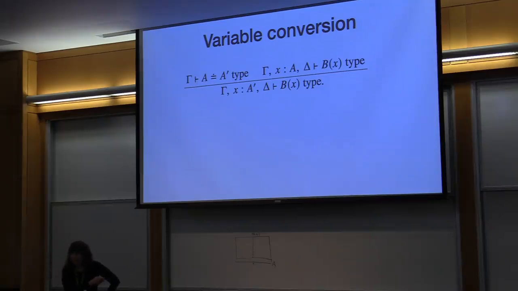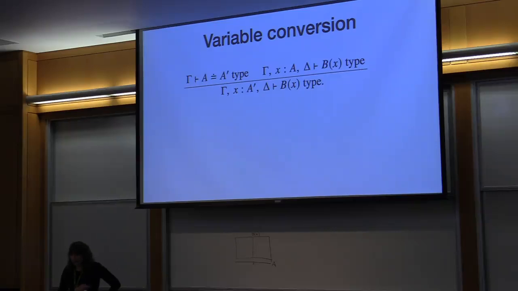So I can basically, if you will, rewrite this A to this A prime, and just leave this B, and this rule claims it will still be well formed, okay? So I have here B of X is a type, but I could have any judgment, okay? So we can swap it for any judgment here that depends on X. It should be the same, okay?